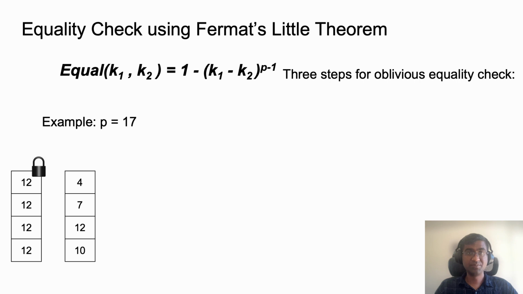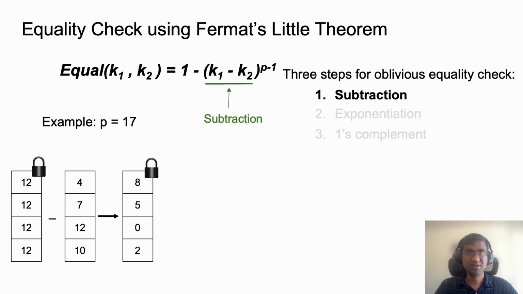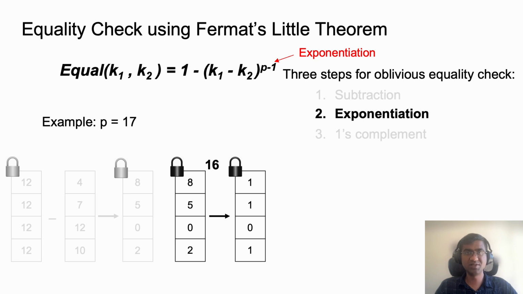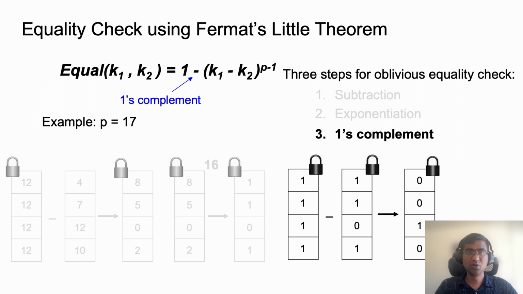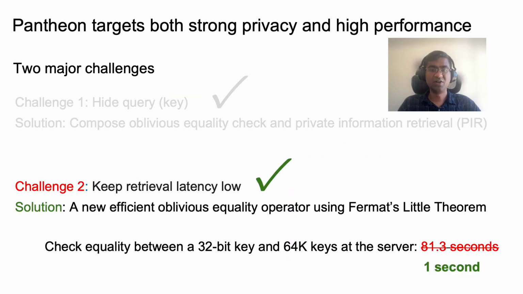First, the server performs subtraction to get the difference, then performs some repeated homomorphic multiplication to raise the difference to the power p minus 1, and finally performs one more homomorphic subtraction to obtain the final oblivious equality result. This equality operator helps us reduce the number of costly homomorphic multiplications by a large factor and reduce the equality check time from 81 seconds to 1 second.